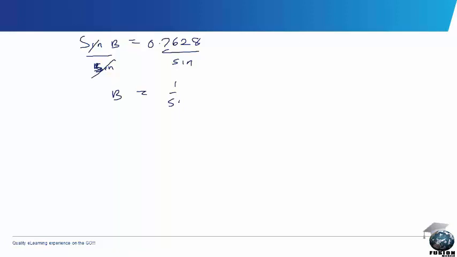So we have sine B equal to 0.7628. At this point, you make B the subject of the formula, so you take the inverse sine on both sides, and then B is equal to sine inverse of 0.7628.